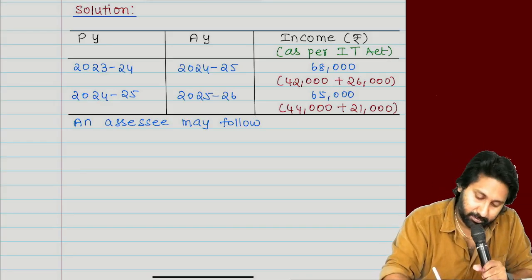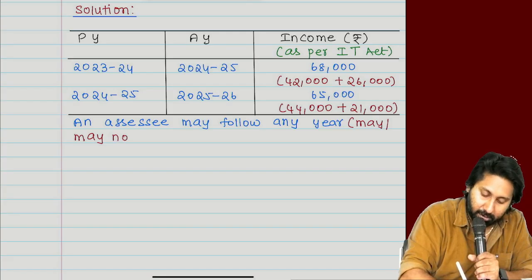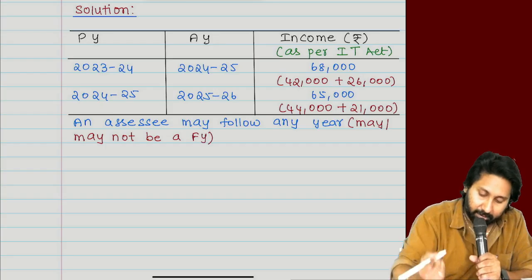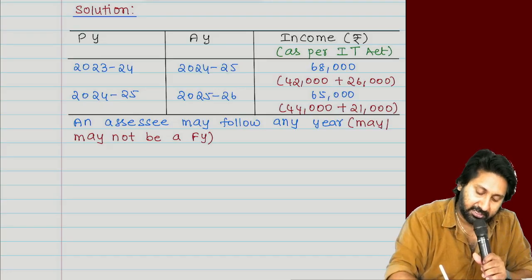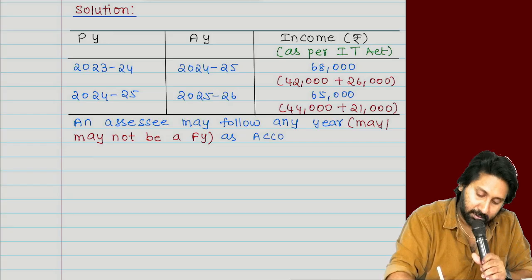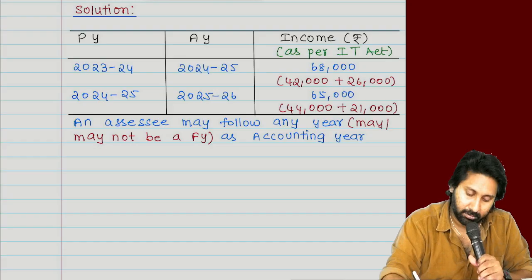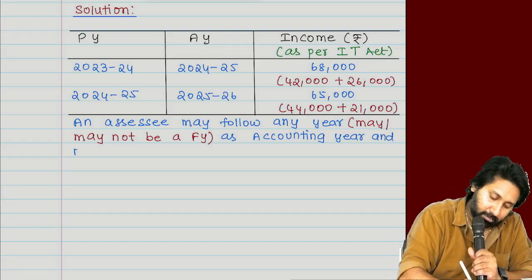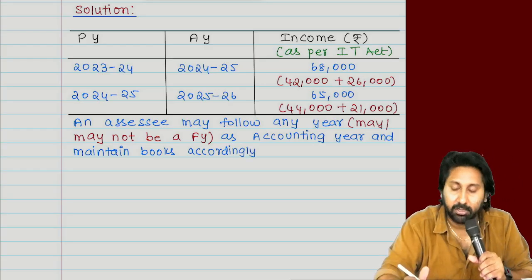An assessee may follow any year, which may or may not be a financial year, as the accounting year, and maintain the books accordingly.